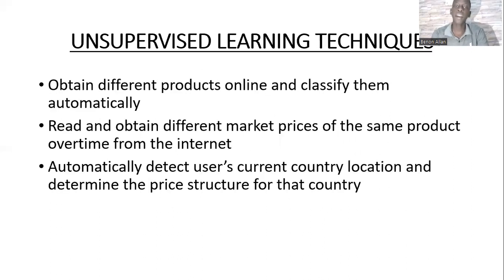On the other hand, we can use the unsupervised learning, which will determine the product prices automatically, fetch them from different websites and make an average of them. Then the model will also be able to detect the user's current location and then only get the price range for that product within that country.